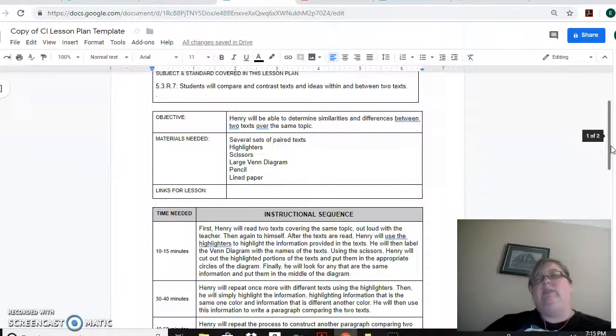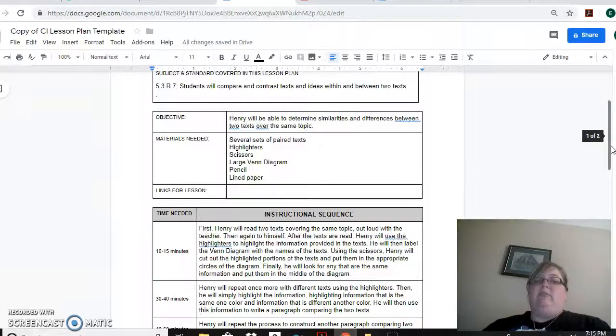What paired text means is these are texts that talk about similar things, similar topics, and usually give you the same information. Or there might be some controversial texts where one side is arguing one thing and the other side is arguing the other thing. And then we'll use highlighters and scissors, and a Venn diagram, pencil, and lined paper.